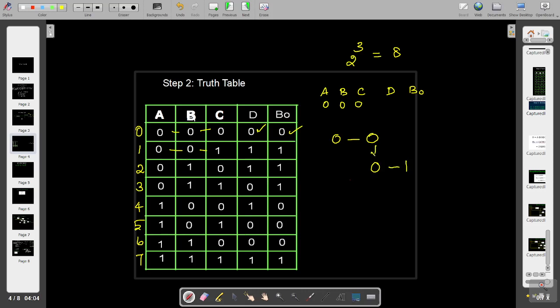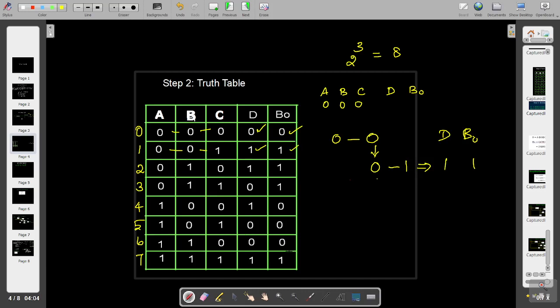So when you subtract like this, 0 is less than 1, so definitely you will be getting a borrow. So this B naught is 1, you get a borrow. And the difference between these two is now 1. So you get 1, 1 combination for this.